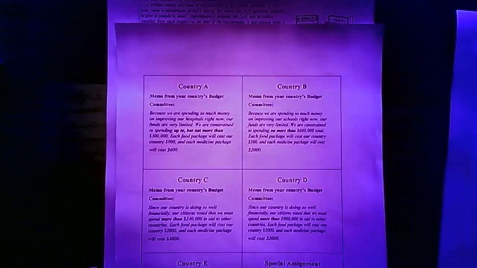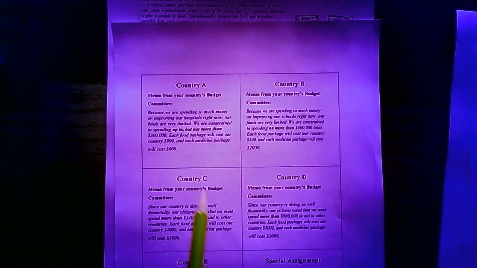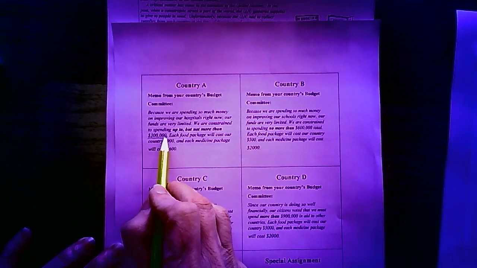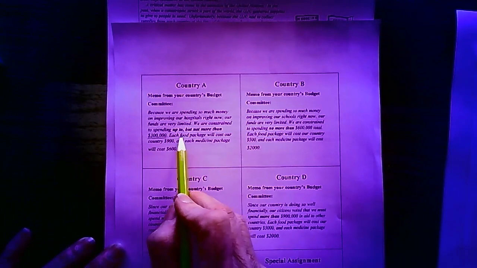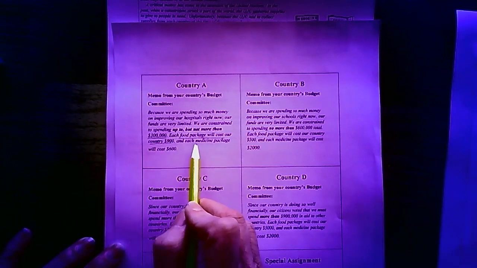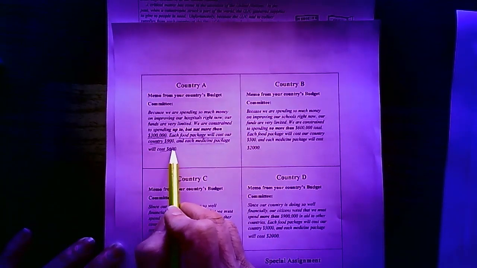All right, so I'm just reading from the country sheet. It says, because we are spending so much money on improving our hospitals right now, our funds are very limited. We are constrained to spending up to, but not more than, $300,000. We have food packages that cost $900, and each medical package will cost $600.